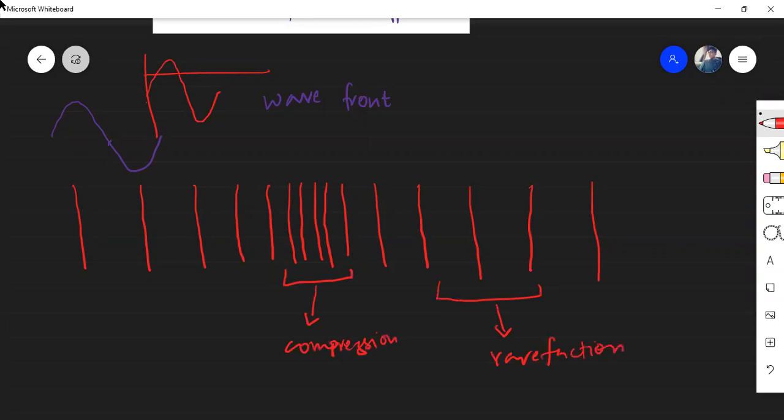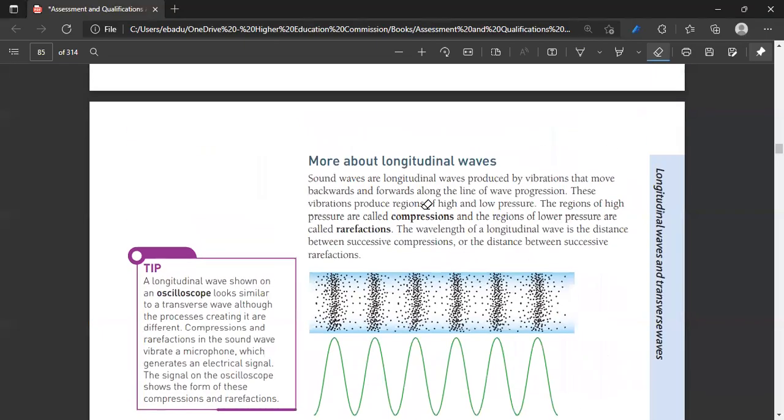Is it refraction or rarefaction? Rarefaction. Okay, I get it.